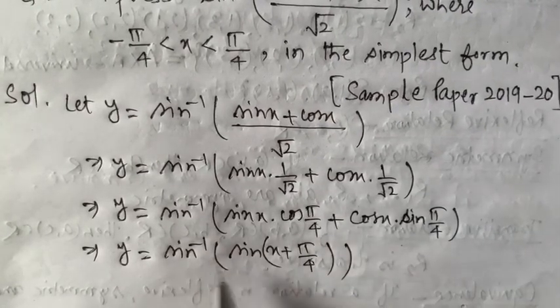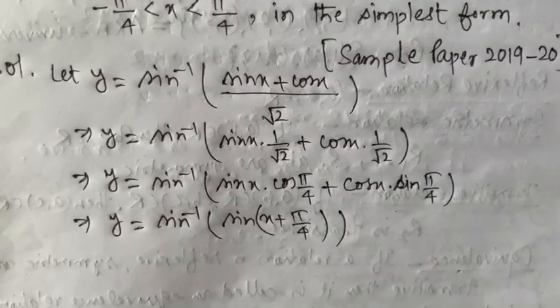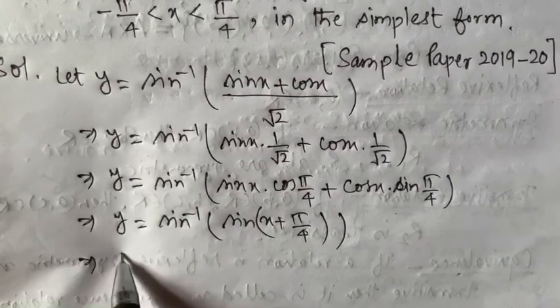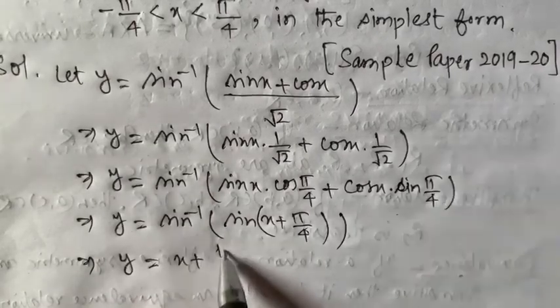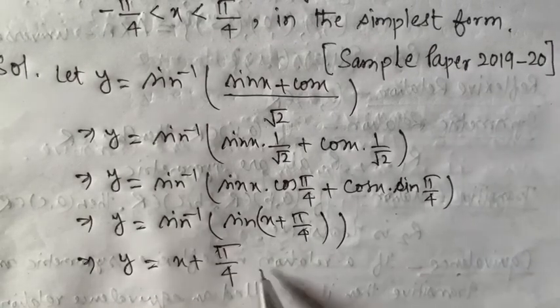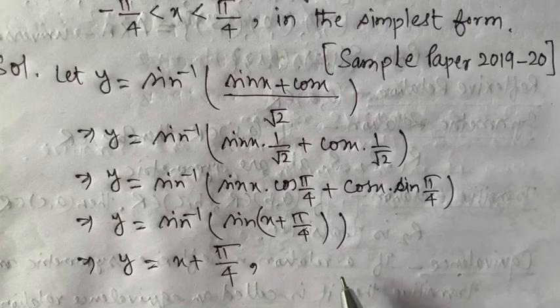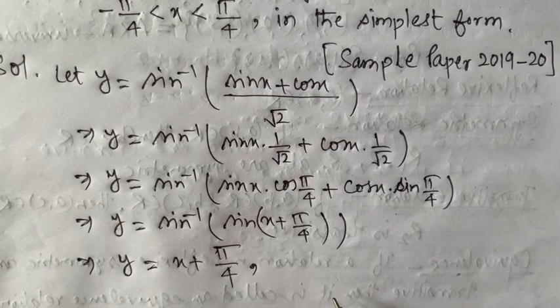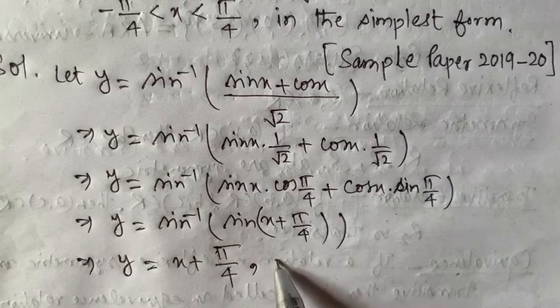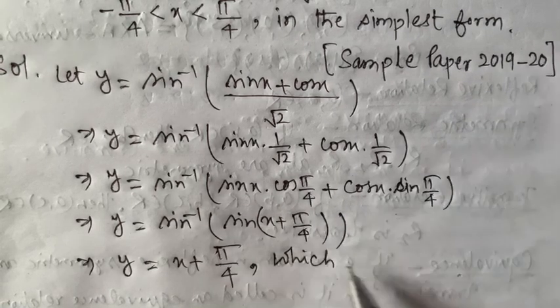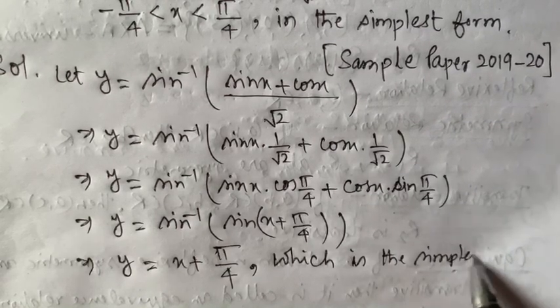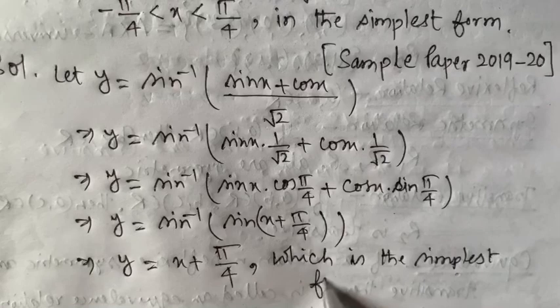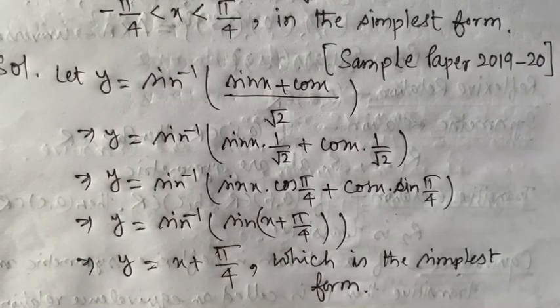Now sine inverse and sine cancel each other, and the answer will be x plus pi by 4. This is the simplest form. No further simplification is possible, so we will write here which is the simplest form.